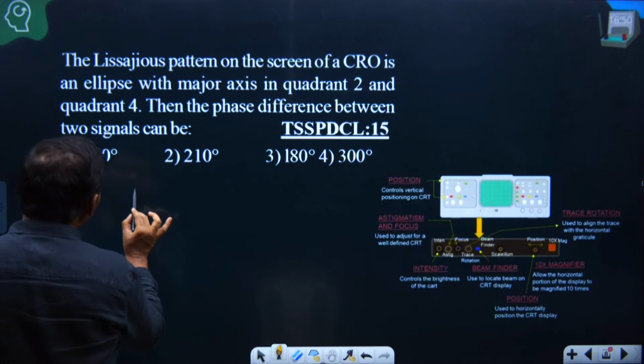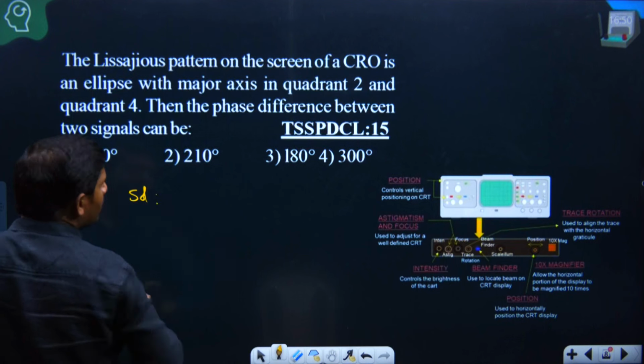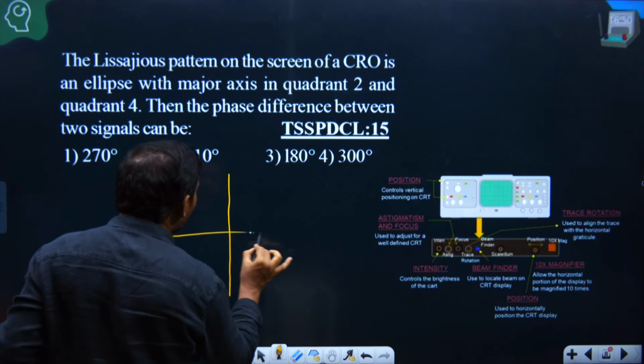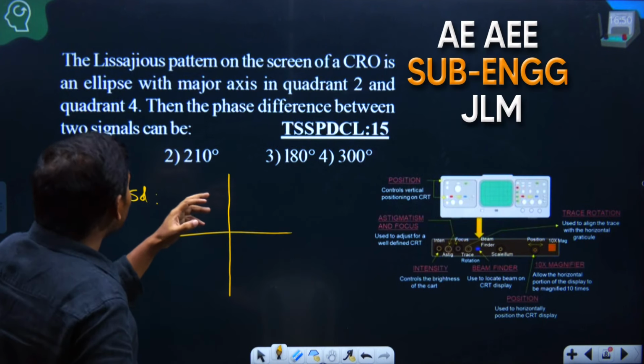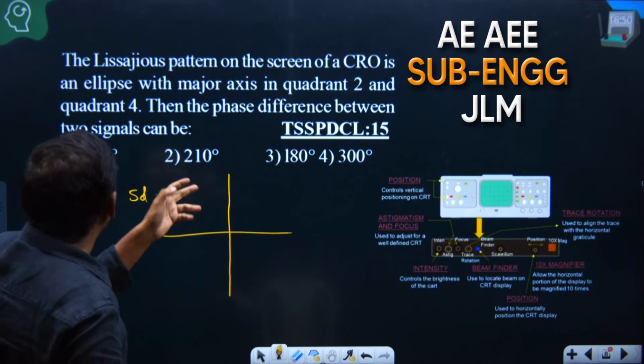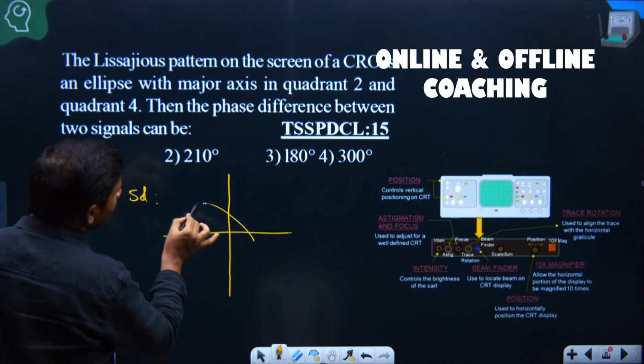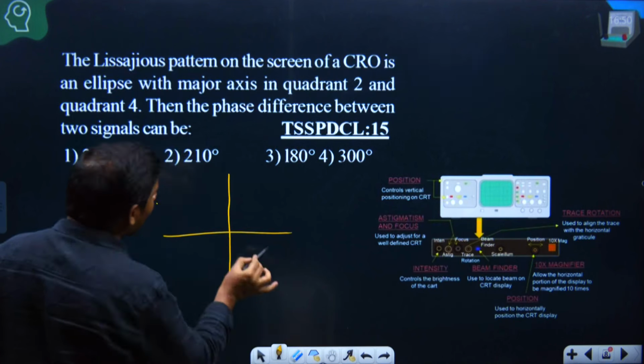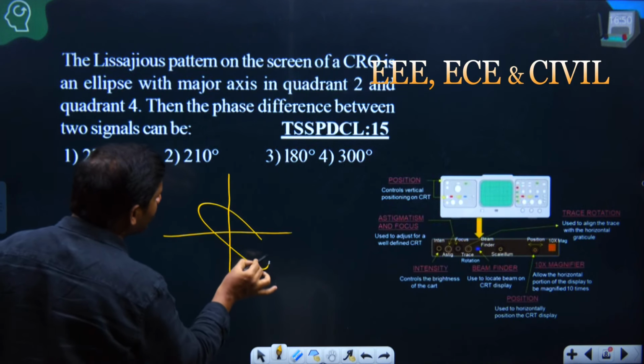Then how to answer this question, students? It is given that the pattern on the CRO screen is an ellipse. The major axis is in quadrant 2 and quadrant 4. But here, is it a clockwise or anti-clockwise direction? It is not given, students.